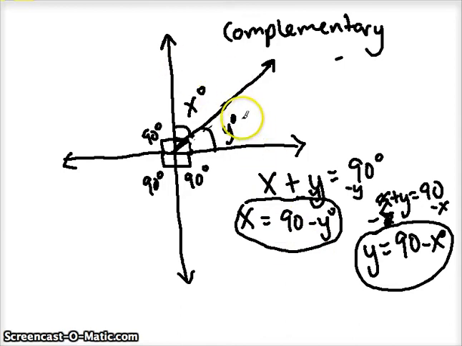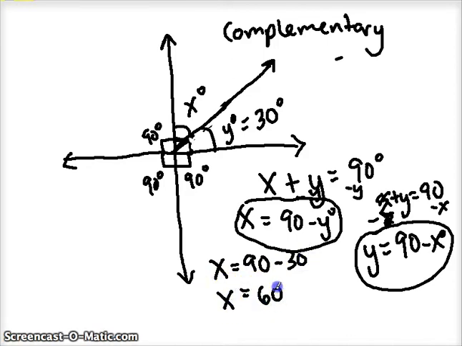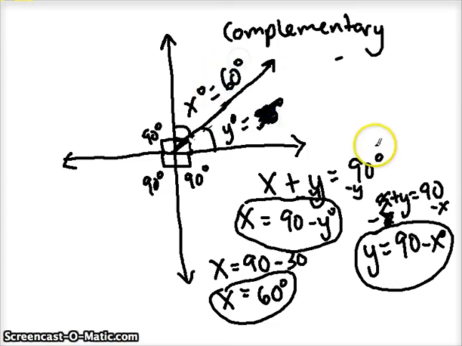Let's say that we know that Y is 30 degrees. Well, I need X, so I want to use my formula that gives me what X is. X equals 90 minus Y, and I know that Y is 30, so 90 minus 30 is 60. So X is 60 degrees. Now let's say that I didn't know Y, but I knew X instead. X was 60 degrees.